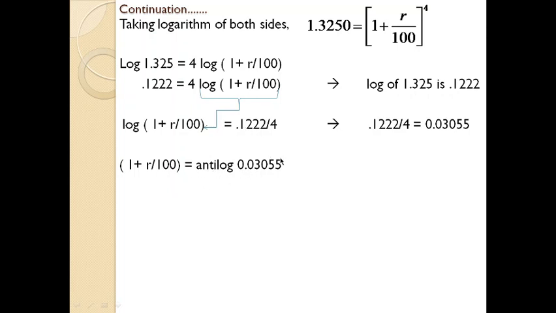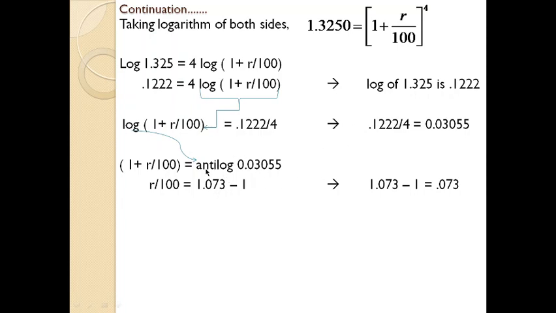The anti-log of this number is 1.073. I think you are aware of the log and anti-log concepts.